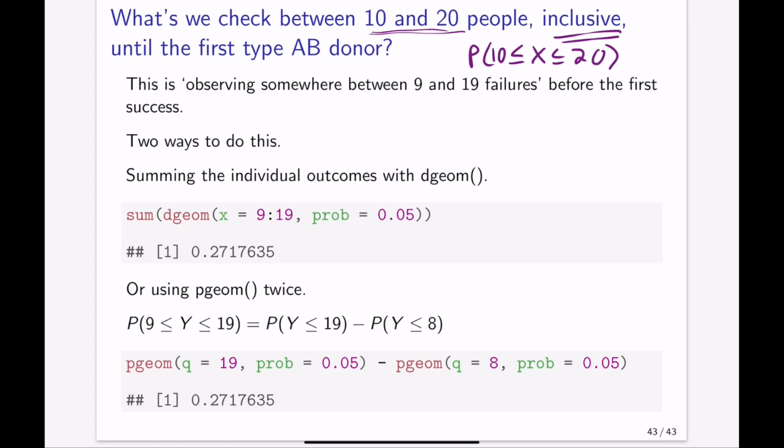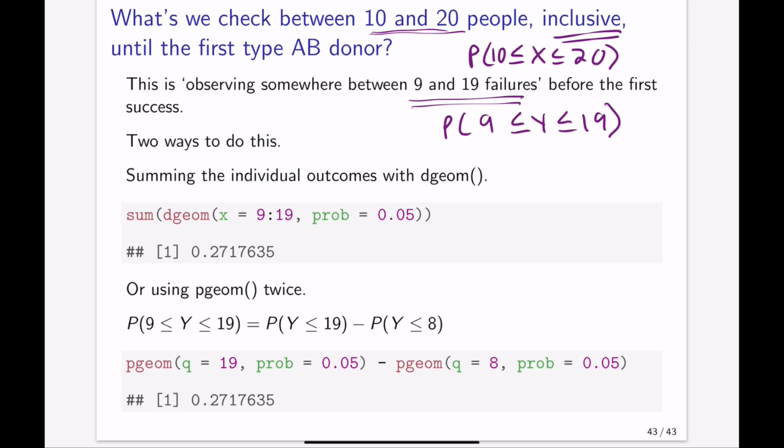It could be 10 or 11 or 12 or 13 or 14 or etc. up until 20. In order to answer this in R, we're going to translate that to failures. The failures are one less than the total number of outcomes. So it's the probability that Y is within one less for each of those endpoints.